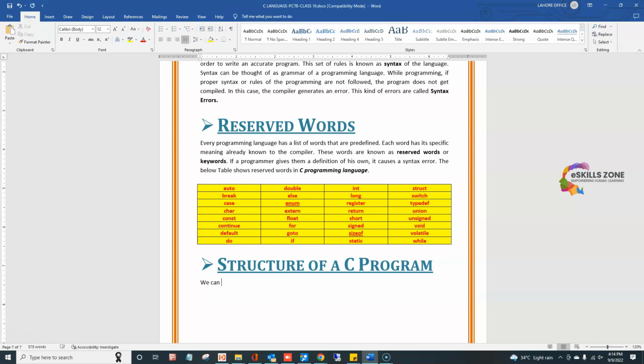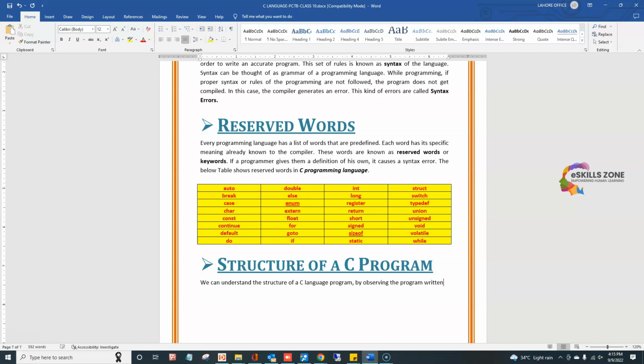We can understand the structure of a C language program by observing the program written.